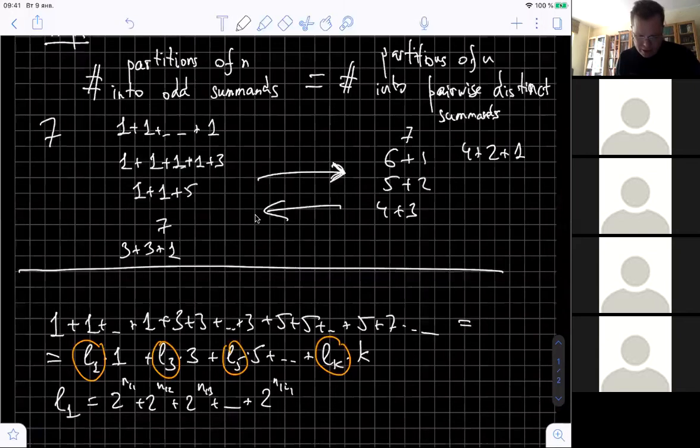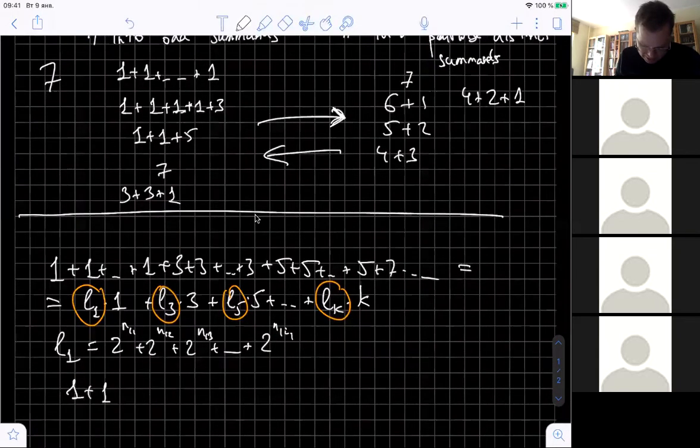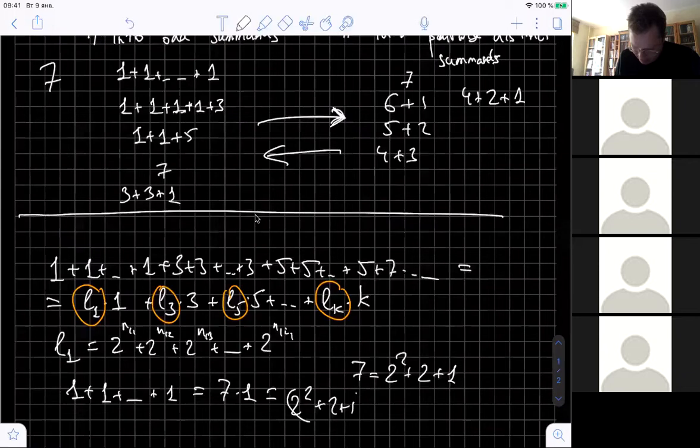So for example, if I take 7 ones, I can write this 7 as 2 squared plus 2 plus 1. So I write this as 2 squared plus 2 plus 1 times 1, and I will obtain the partition of n into pairwise distinct numbers.